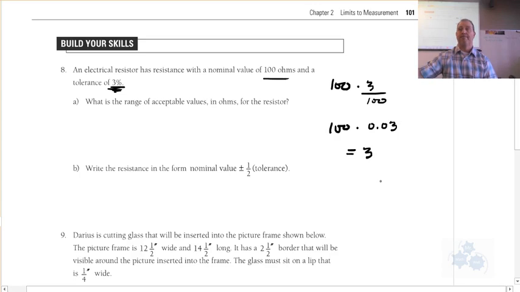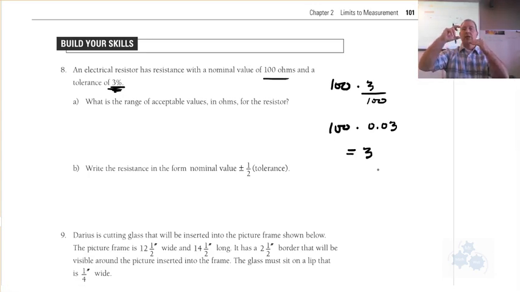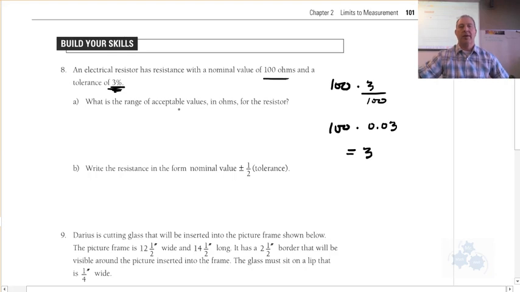That's going to be equal to 3. Okay? So 3% is the tolerance. It can have a range of a total of 3% there. So what's the range of acceptable values in ohms? Well, it would be 100 is the target plus 1/2 of the tolerance. That's the max.